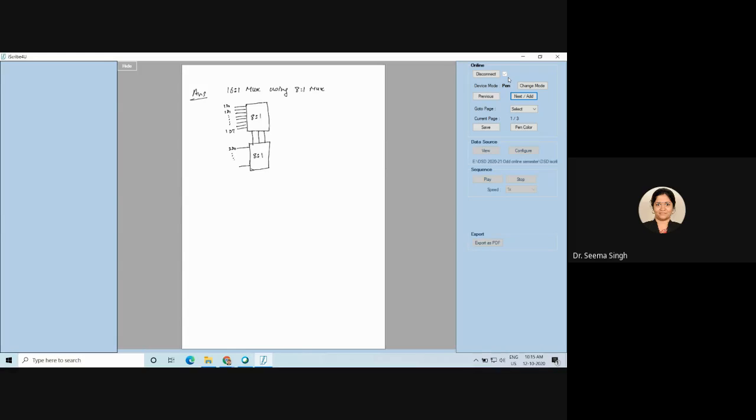So here you got your 16 input lines, right? But how will you show me the connection here? I am drawing each and everything here except one thing.